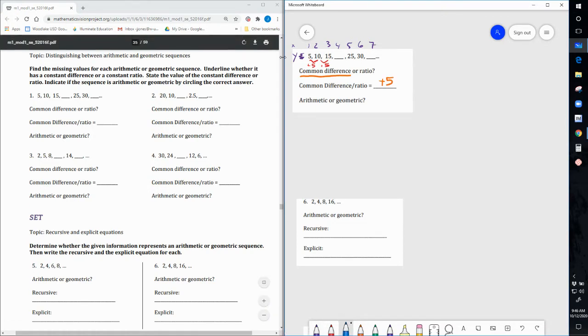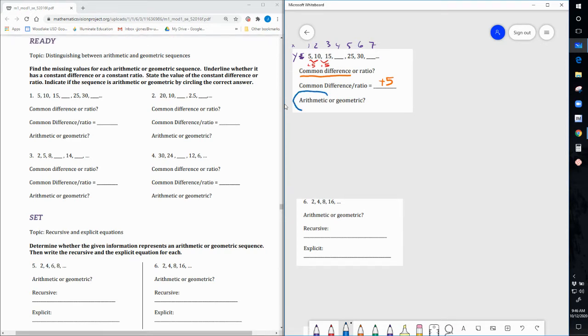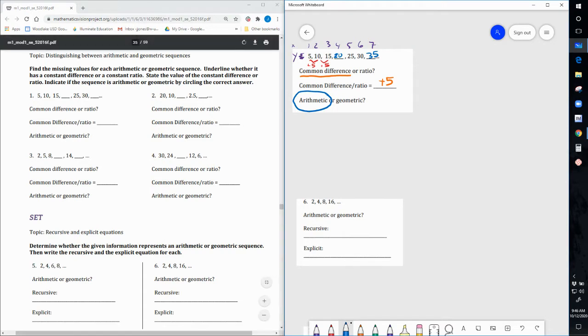Okay, and then lastly it says, is it arithmetic or geometric? Well, since we have a common difference, we know it's arithmetic, and because we're adding every single time, we know it's arithmetic. So that's literally the entire problem. Oh, we forgot one more thing. We have to fill in the blanks here. And so since we're adding by 5 every single time, I can just add 5 to 15 to get 20, and then add 5 to 30 to get 35.